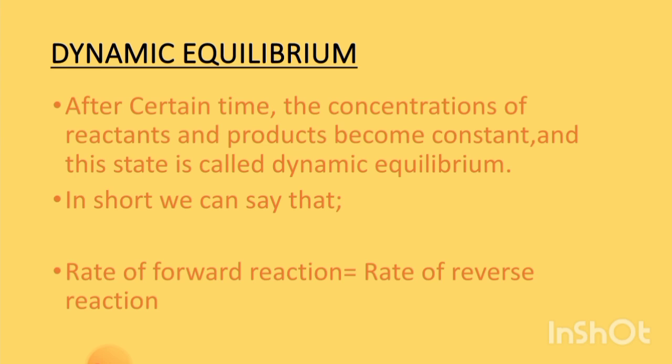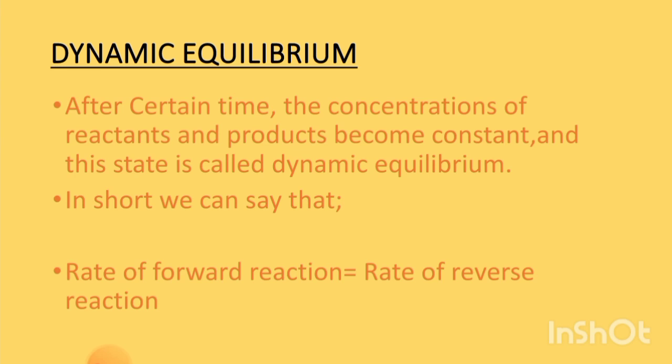But if you have 60% of the product and 40% of the reactant, then what will happen? If you have more product, then it will again start to convert into the reactants. But if you have more reactants, then what will happen? The reactant will start to convert into the product.